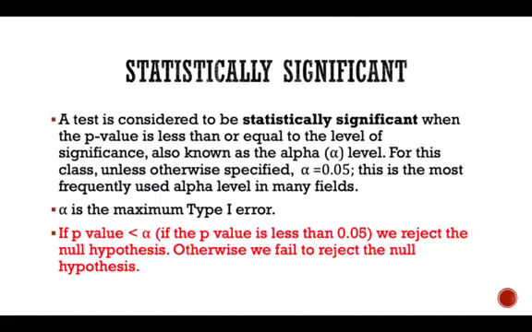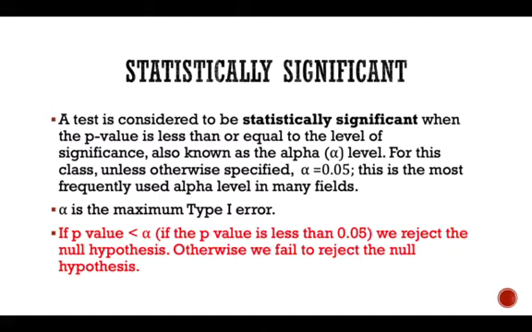Statistically significant. A test is considered to be statistically significant when the p-value is less than or equal to the level of significance known as alpha. We said alpha previously. Alpha is that maximum type 1 error. So if the p-value is less than alpha, we're actually going to reject the null hypothesis.